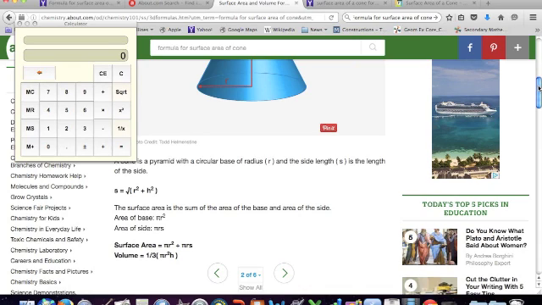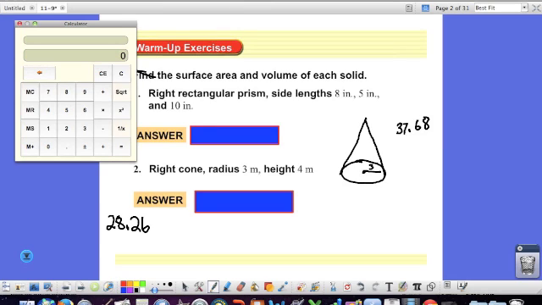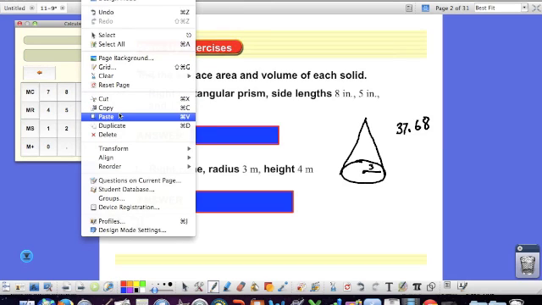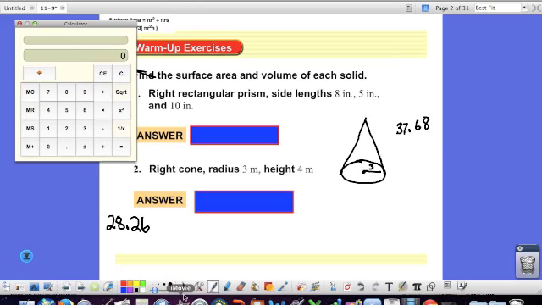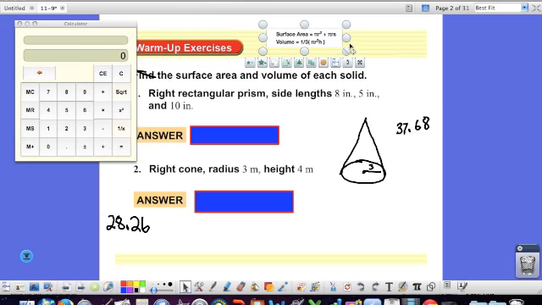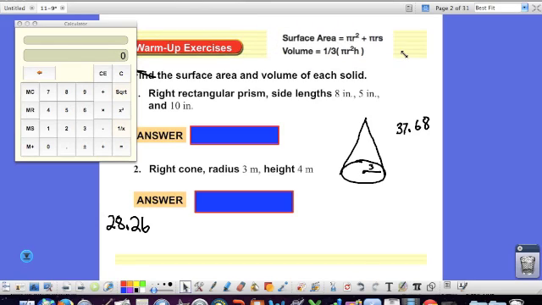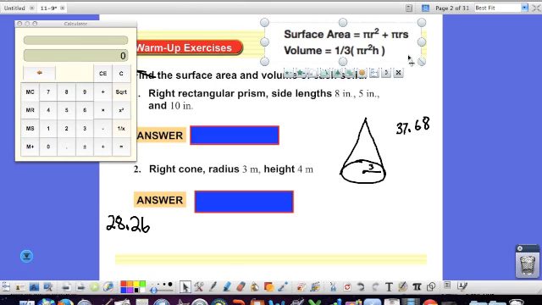I'm going to go ahead and clip this formula and put it over here so that we can use this. I would think they would give you this formula if they asked you to use it on an EOC. If not, hopefully you remember enough of what we're doing, or you memorize the formula, or you can at least think about how you would get this.